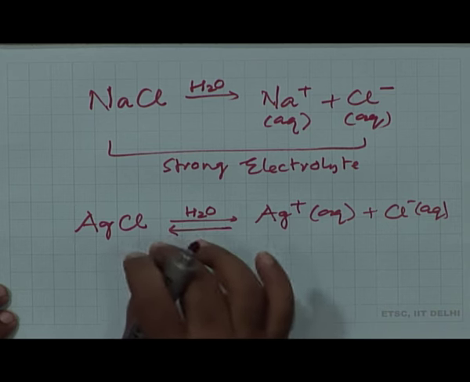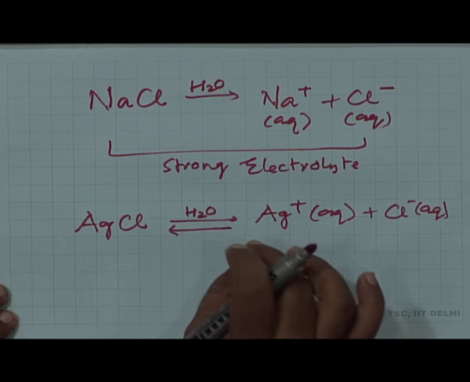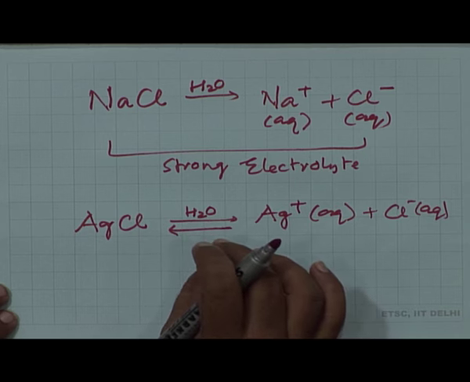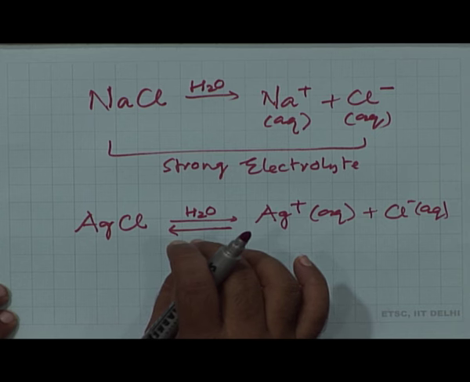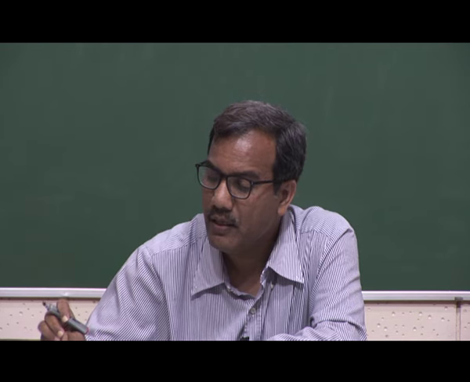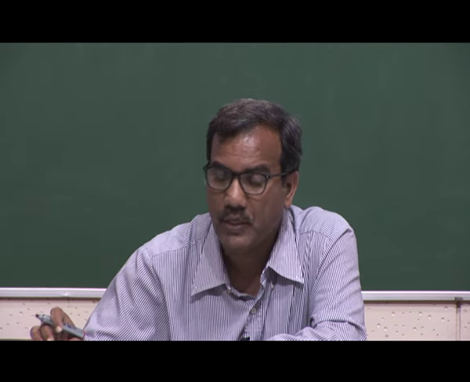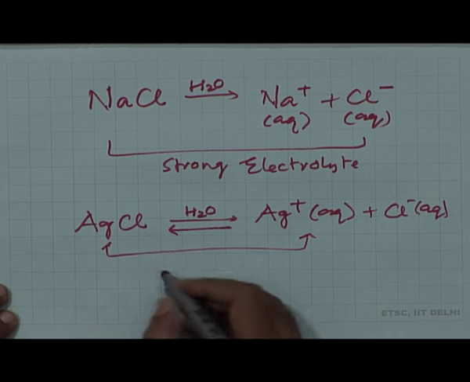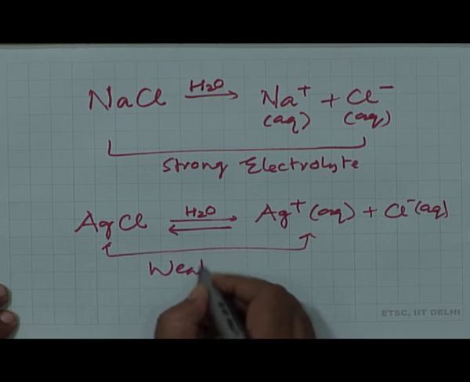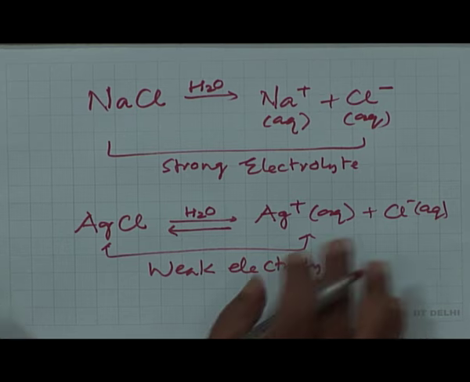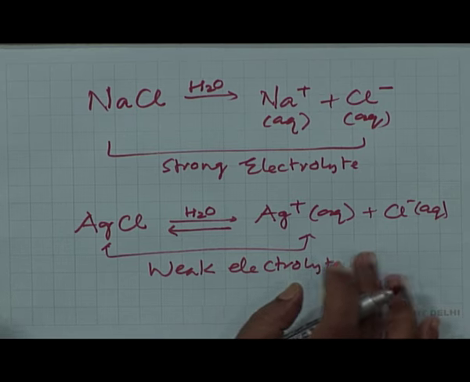What this means is AgCl is not completely dissociated. Only part of AgCl will be in solution, and that part will be dissociated, whereas the other will go out of the solution, and that is why these are examples of weak electrolytes, since it does not completely dissociate.